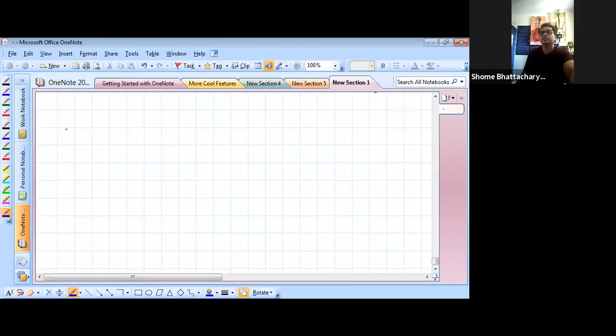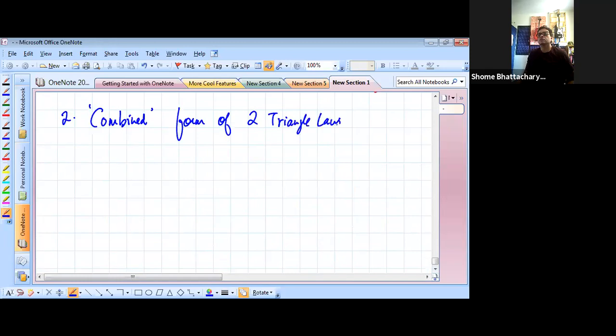the next thing we'll understand is in the additional theorems, we will see the combined form of the two triangle laws. That is triangle of a sum and difference. Okay.